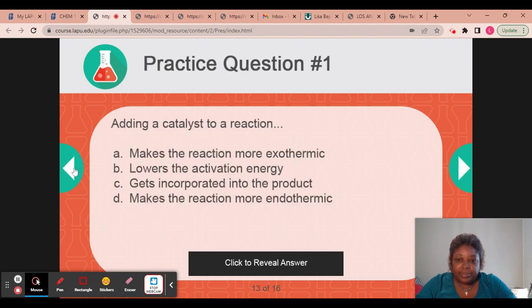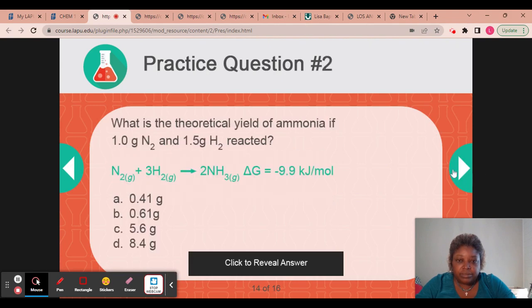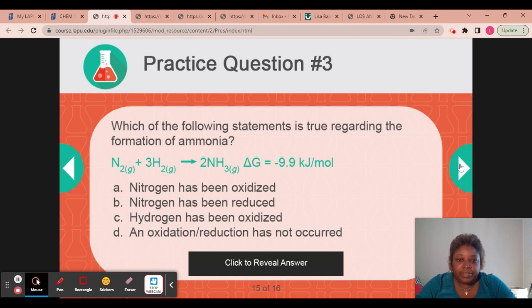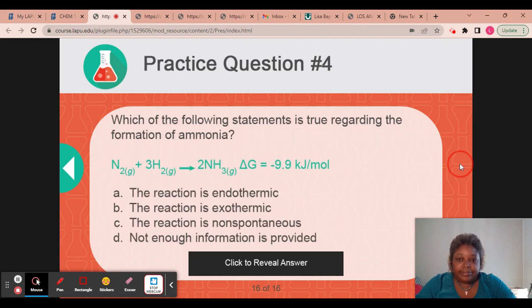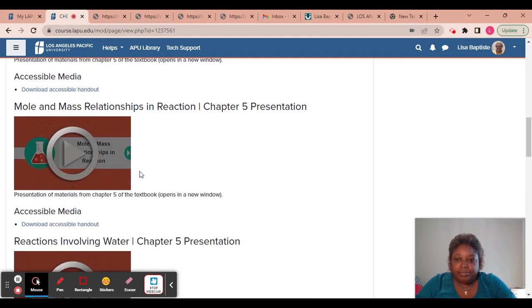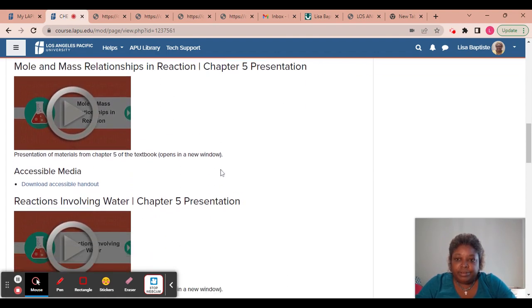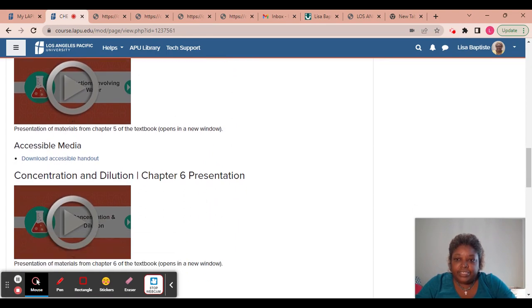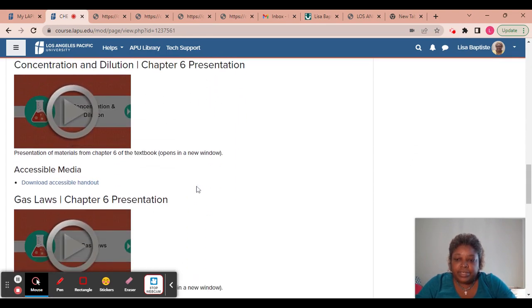Here we go. This is what I wanted to go through. This is giving you another example of theoretical yield. As you go through that, if you have questions about it, let me know. But I wanted to go through more calculations. And so let's get to concentration and dilution and then the gas laws.